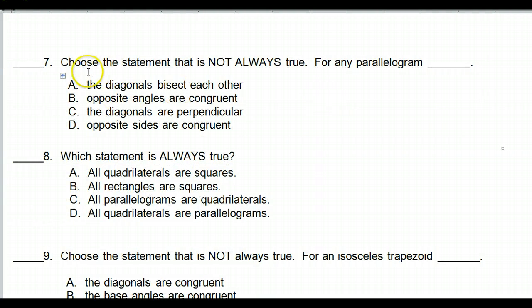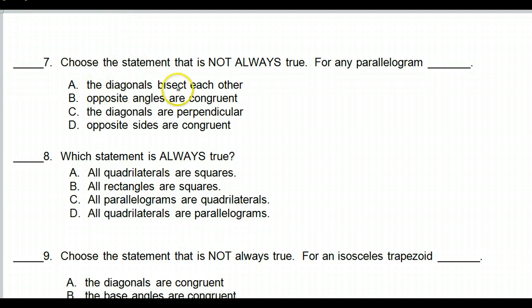Anyways, moving on. Choose the statement that is not always true for any parallelogram. That means 3 of these statements are going to be always true. So let's look for the ones that are always true and then cross them off the list. We're looking for the one that is not always true. So, let's see.